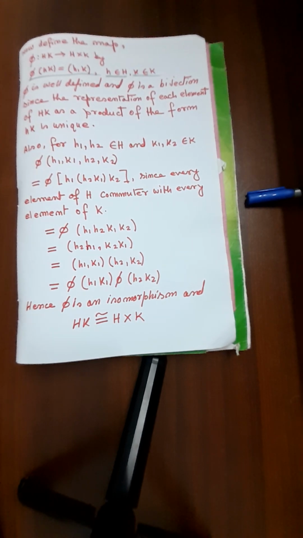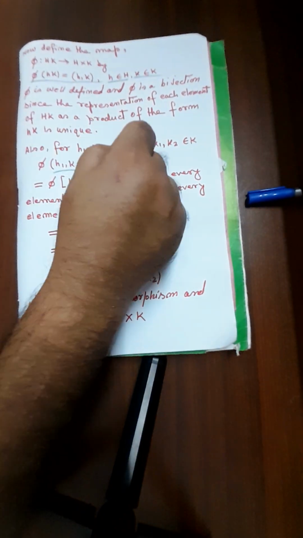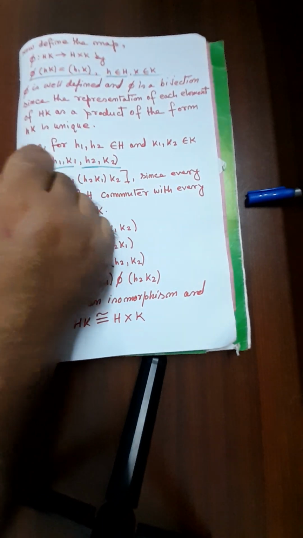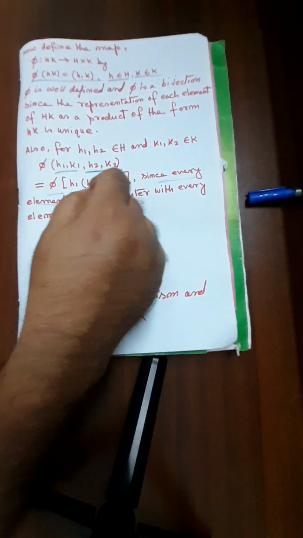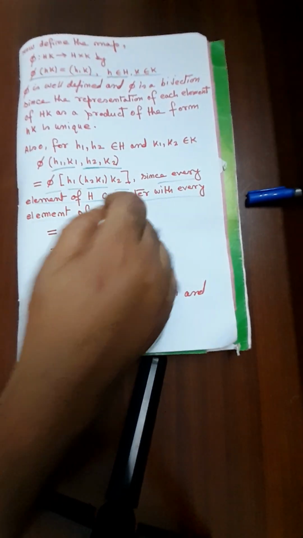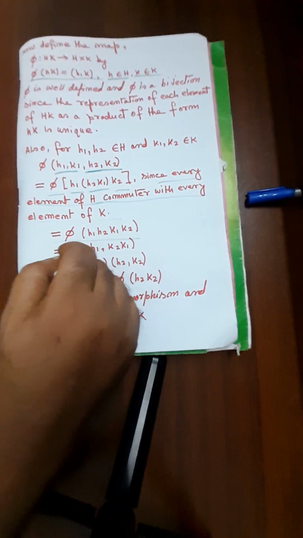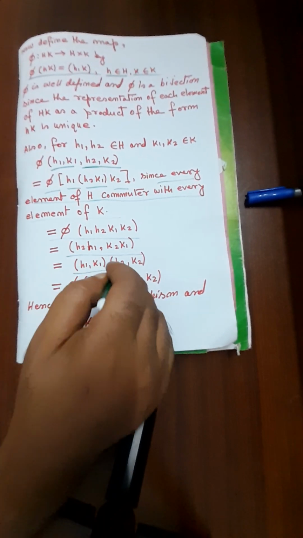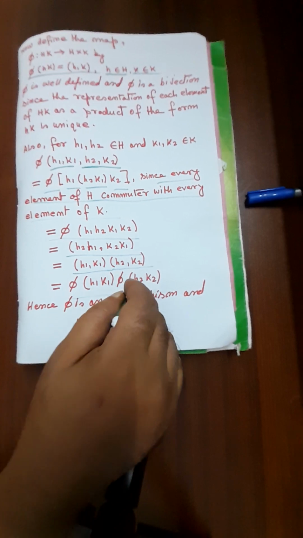Also, for h1, h2 belonging to H and k1, k2 belonging to K, we have phi of h1 k1 h2 k2. That will be equal to phi of h1 h2 k1 k2, since every element of H commutes with every element of K. That can be written as the pair (h1 h2, k1 k2), which gives phi of h1 k1 and phi of h2 k2.